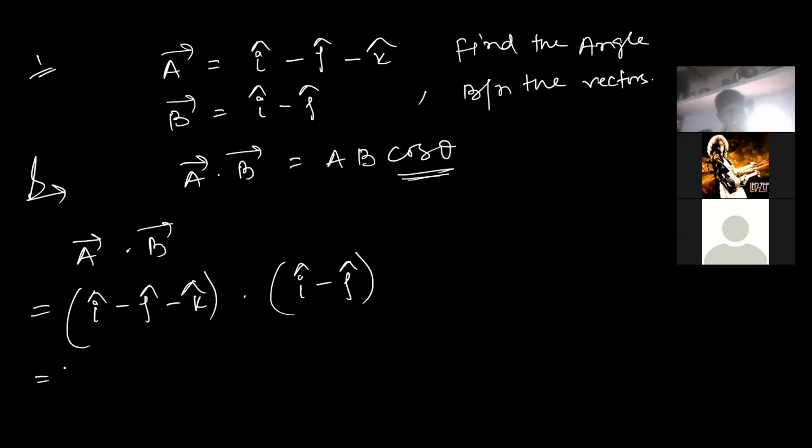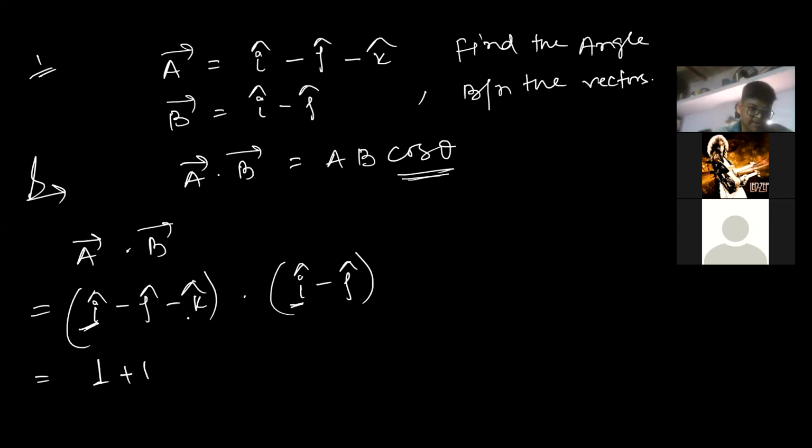In this case, there is one most important thing: in one vector k cap is present, but in another vector k cap is absent. So what to do here? I have to multiply the coefficient of i cap of one vector with the coefficient of i cap of another vector. So in this case, the coefficient of i cap here is 1, and in this case also it is 1. So it will be 1 itself. Then coefficient of j cap multiplied by coefficient of j cap, it should be minus times minus, plus. Now what about the coefficient of k cap, where it should be multiplied?